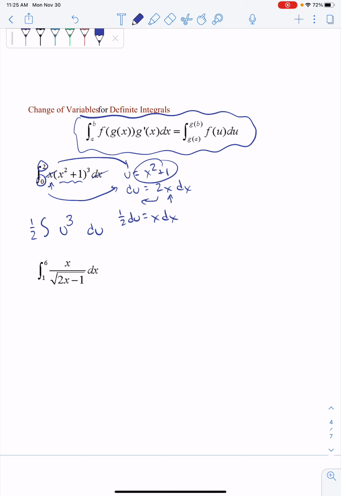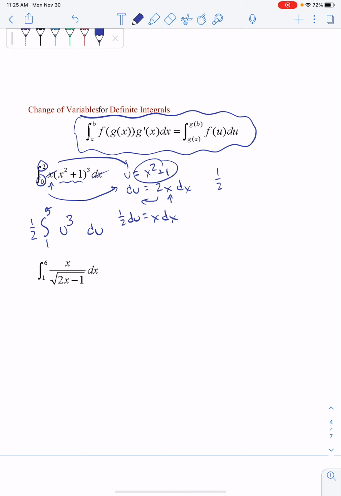So if I plug in a 0, 0 squared plus 1 is 1. So that becomes my new lower bound. And if I plug in a 2, 2 squared plus 1 is 5. And that becomes my new upper bound. When I do that, I don't have to plug the u back in. This is my new function. I'm done. So now I just have to integrate.